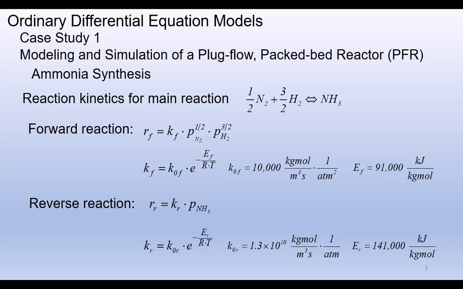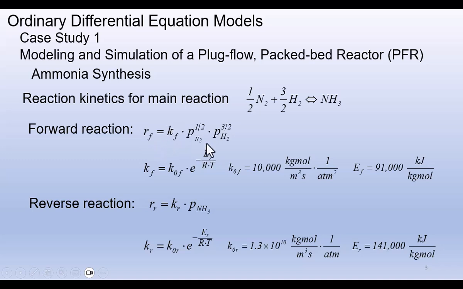ammonia, the reaction kinetics are not terribly complex. It is a reaction that has a forward and a reverse path, so we need the kinetics for both, and they are described here with appropriate parameters and units. We are using, since this is a gas phase reaction at high pressure, we are using partial pressures for our rate expression.